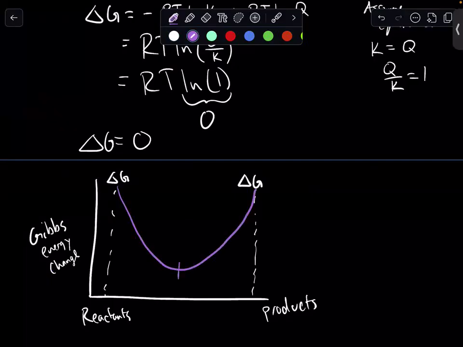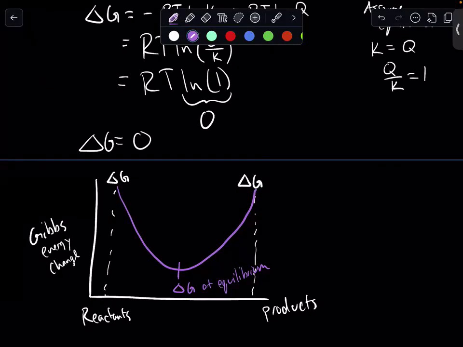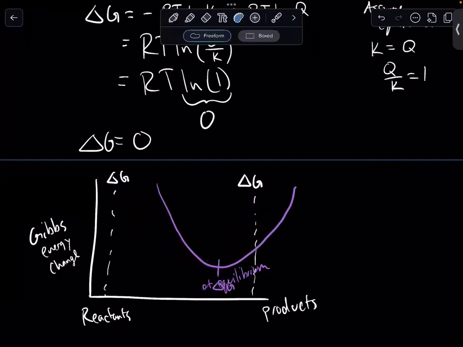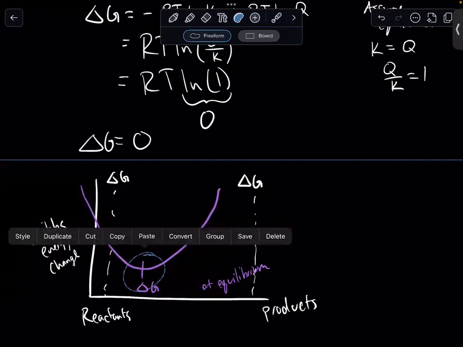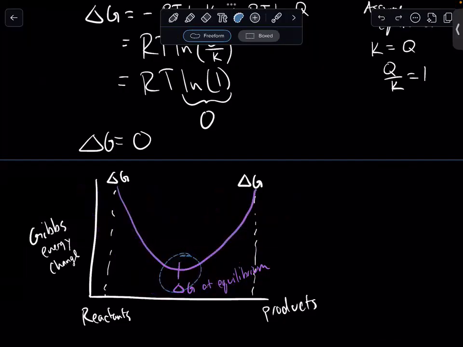So right here at the minimum value, this is where delta G is at equilibrium. We have that minimum specifically when our K is equal to our Q, and we can even shift this one way or another. If our reaction favors our products, we might shift this minimum point over to the right. If our reaction favors our reactants, we might shift it over to the left. For now, I'm not shifting it at all. I'm just using it as a reference point here.